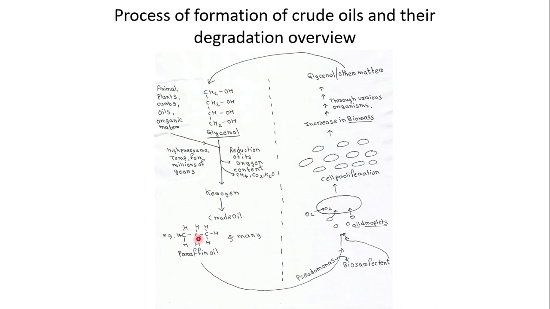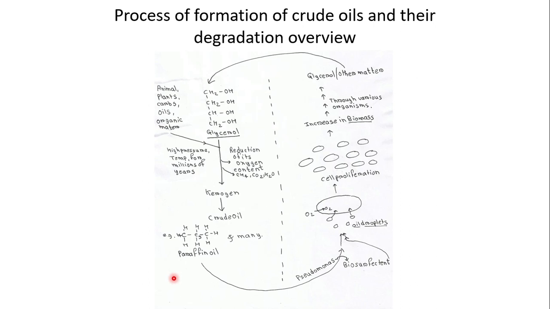As spillage occurs, like ants sense the presence of sugar in any corner of the house and accumulate there to eat that sugar, the microorganisms also sense the presence of paraffin oil with the help of chemical sensors.